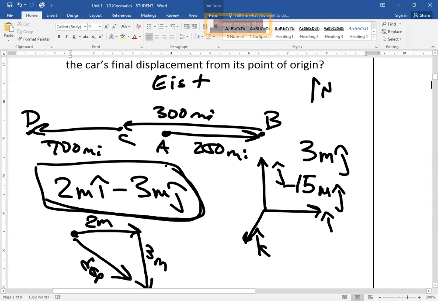So this is a recipe for a displacement. It's saying the displacement is 2 that way and 3 that way. How do you get the actual displacement, the magnitude of it? Use the Pythagorean theorem, right? a squared plus b squared equals c squared.